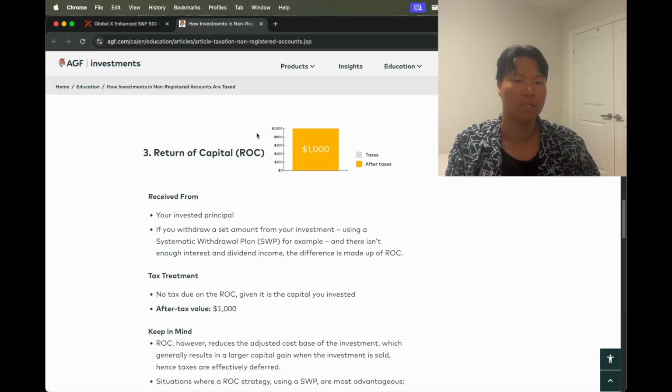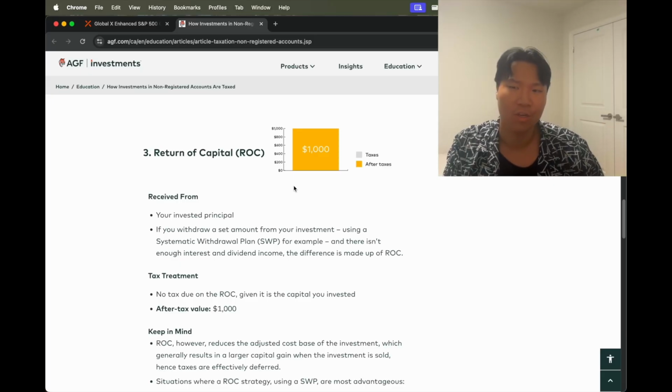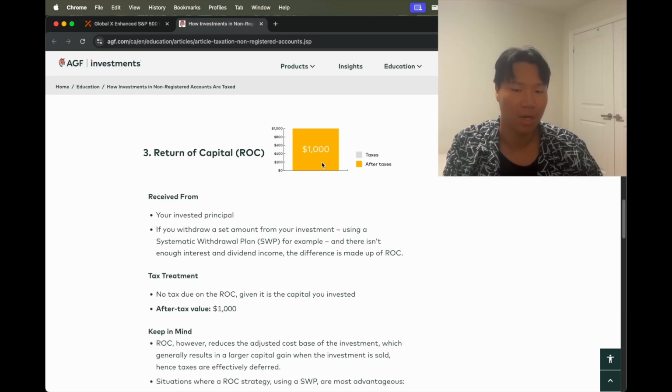So now, the third one is return of capital, which is ROC. This might be less heard of, and it's actually very controversial and misunderstood. It's basically deferring your taxes, and so if you earn $1,000 of ROC income, you don't need to pay any taxes on it right now.